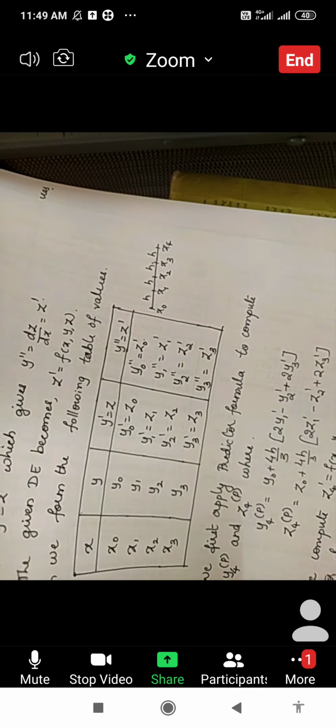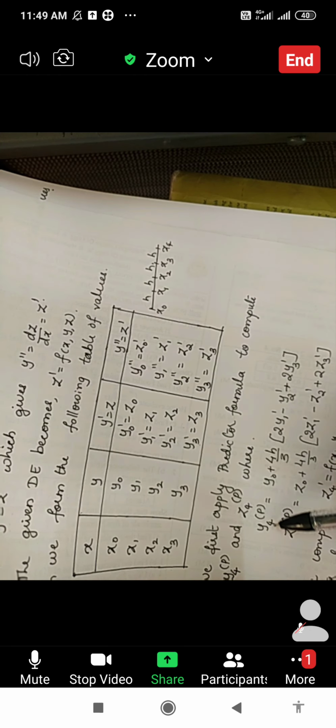See, the formula is very, very simple. No extra thing. You should know a predictor and a corrector formula. This is written for y; the same thing, replace all y's in terms of z, and you'll get the predicted value of z4.